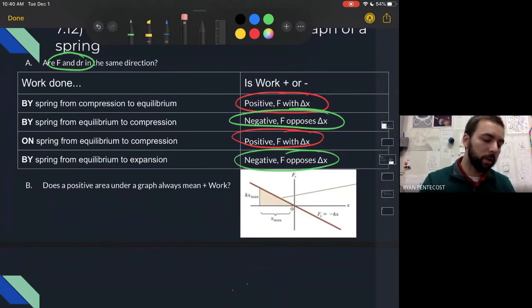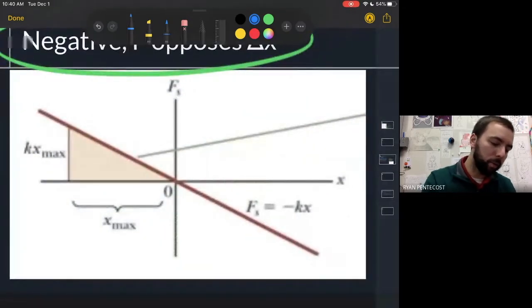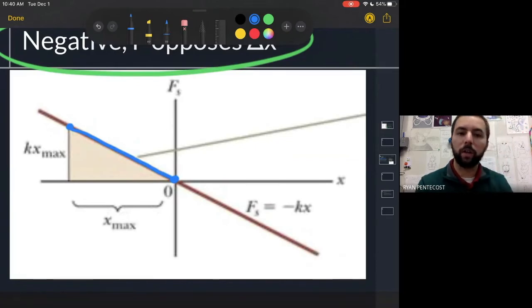So let's look at the first one. Work done by a spring from compression to equilibrium. So here we have compression and equilibrium, right? We know compression is on the left because compression is negative x, expansion or stretching the spring is positive. So this is your negative.